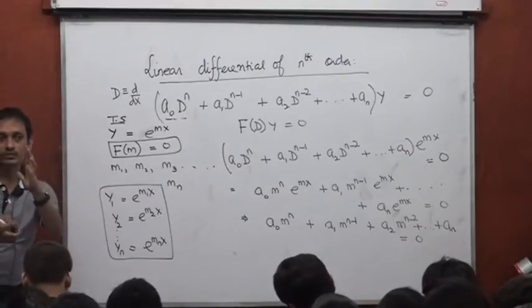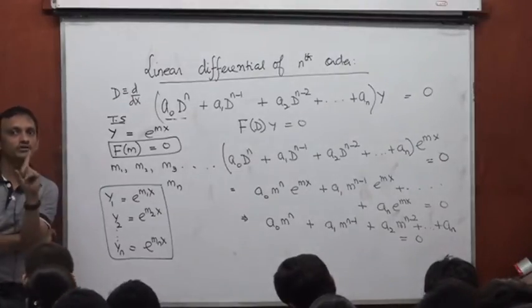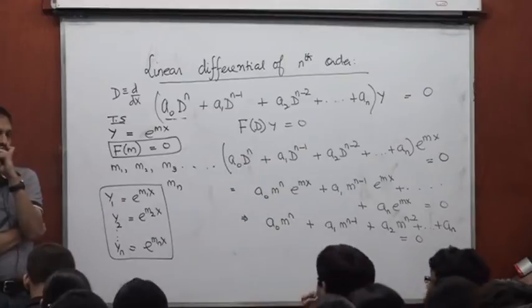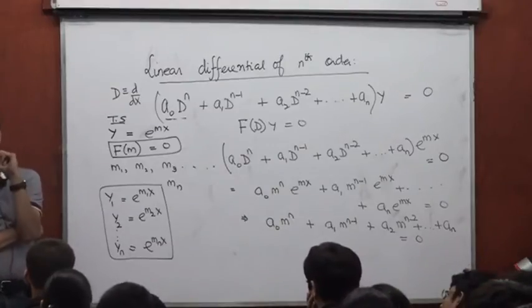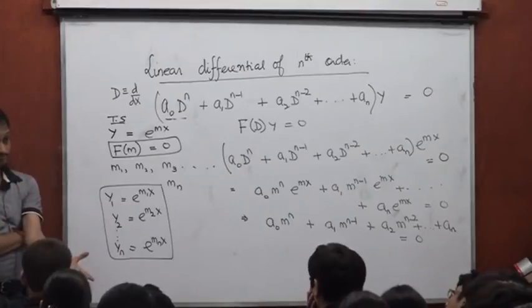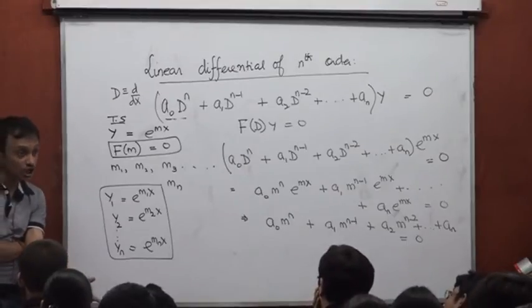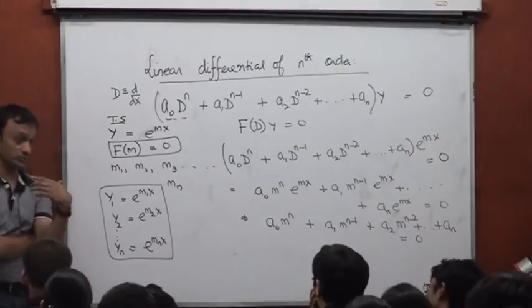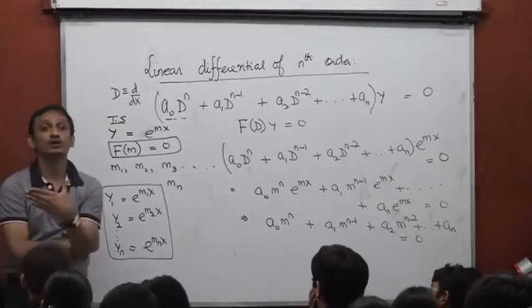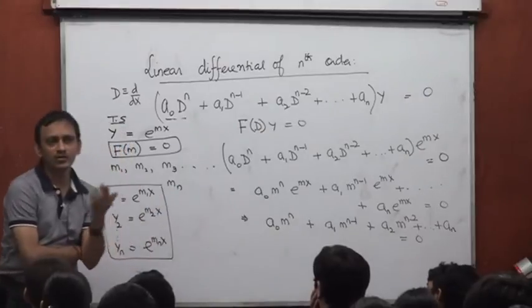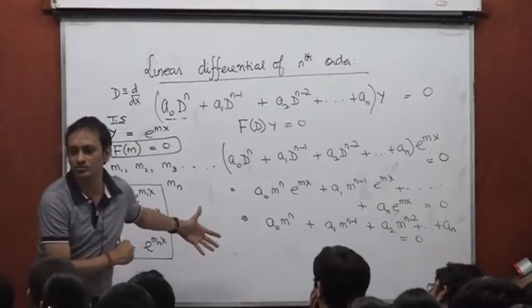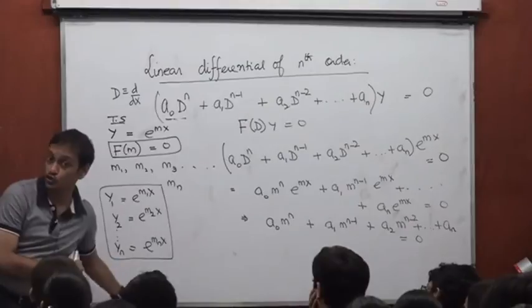Are you there with me? But the point of contention is that none of these solutions is the general solution of the differential equation, because the general solution must contain n arbitrary constants, and I don't see any arbitrary constant appearing in any of these solutions.